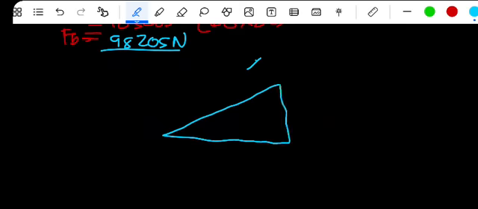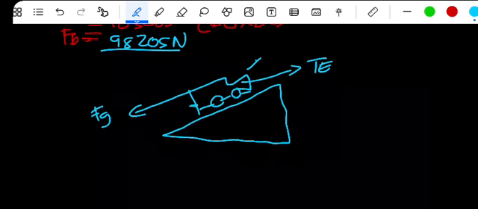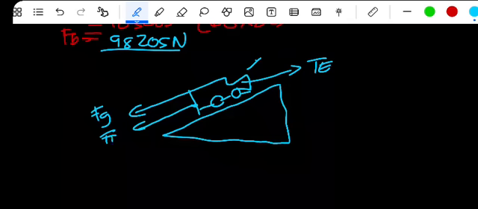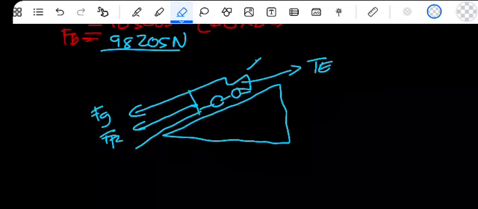You can say here we have our TE, remember, in this ascending direction. Here we'll have gravity, or FG. When you have the slope, do not forget your rolling friction. We're supposed to have FA, but now it will be replaced by FD.